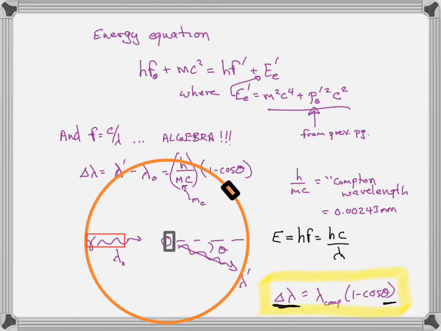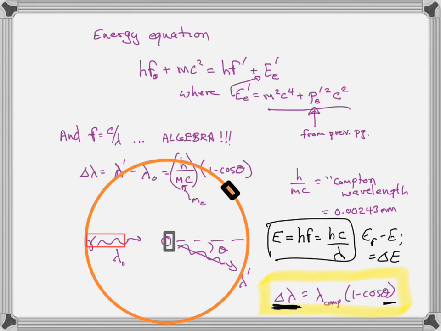And I'll tell you that this comes up in a homework problem, so I'm not going to do it here, but it asks what's the largest possible kinetic energy that the electron could gain. Well, if the photon loses energy, which is given by delta lambda, then, well, energy final minus energy initial equals the change in energy of the photon.